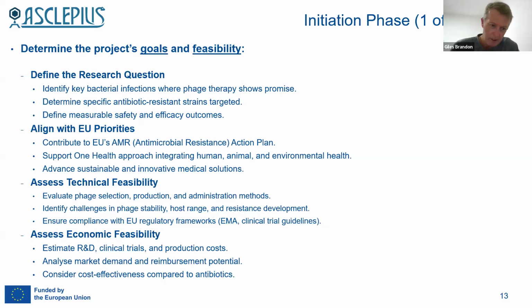But then also thinking externally for what we're hoping to develop, is there a potential market demand? And overall, with this approach of bacteriophages, will it prove cost effective when we compare it to antibiotics? So these are all goals, objectives, and feasibility issues that we should be thinking about.